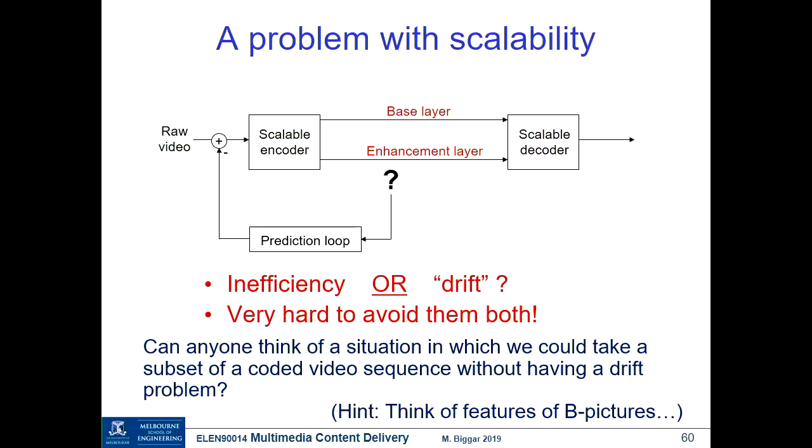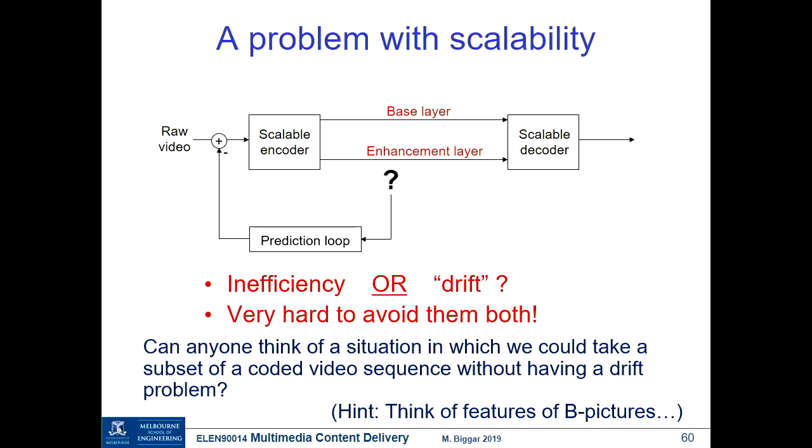If we put the B pictures in the enhancement layer, then it's not a problem that some decoders won't receive them, right? Because they're not used for prediction anyway. But it's not necessarily a very good solution for coding if you throw away B pictures, because it reduces the frame rate and it means the whole picture is jerky.